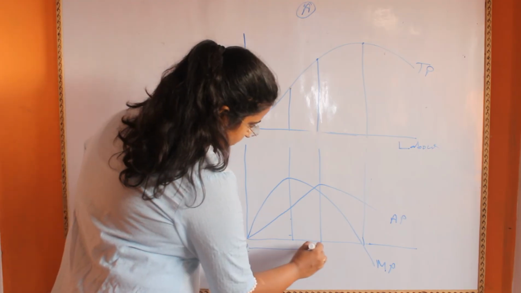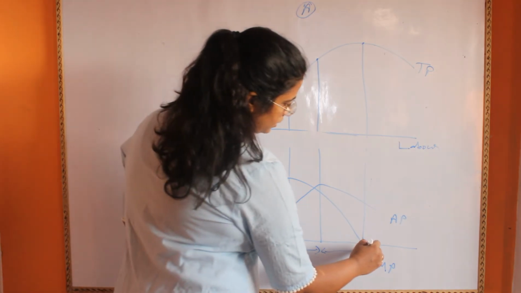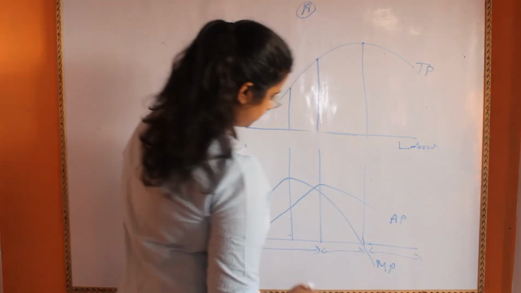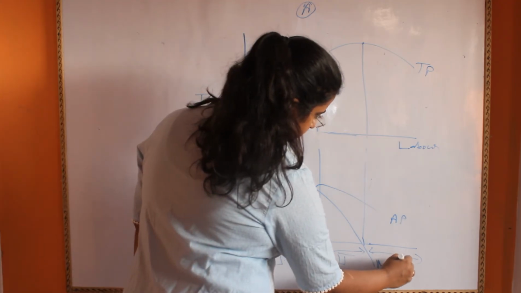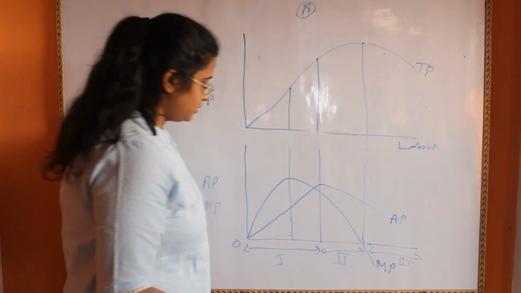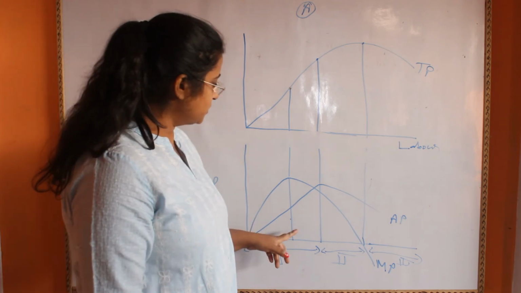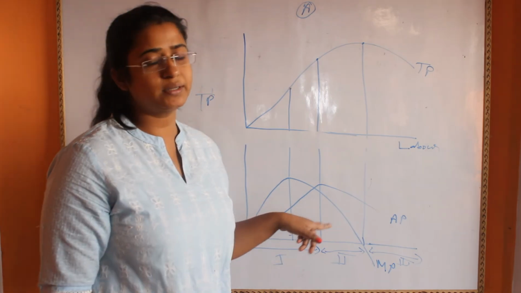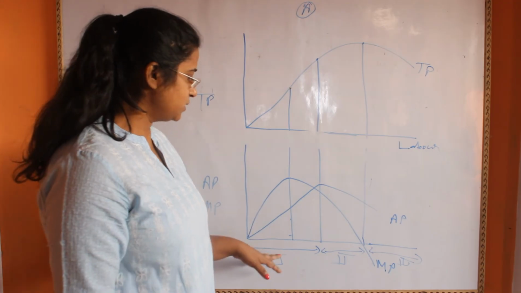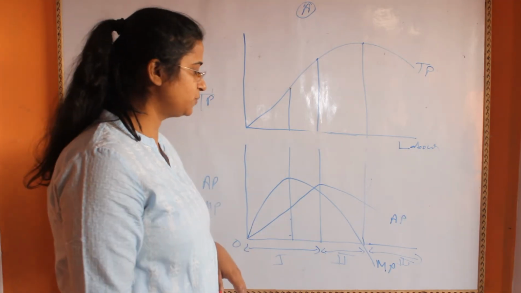This is the first stage, this is the second stage, and this is the third stage. The first stage is up to the point where average product is increasing. This is the first stage of the production process.